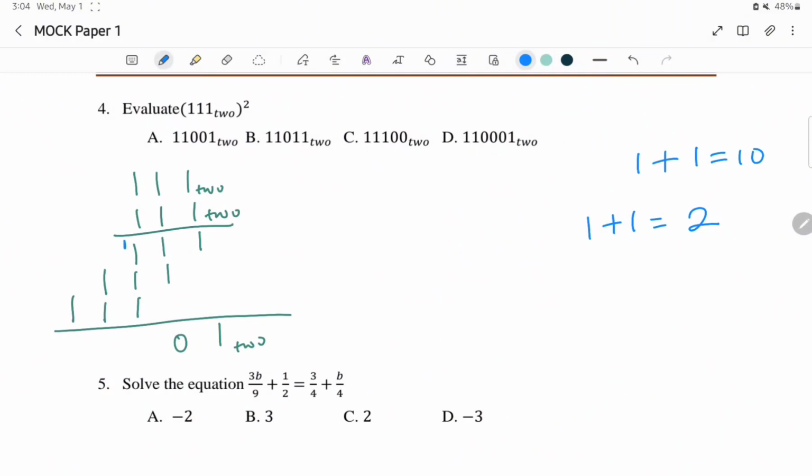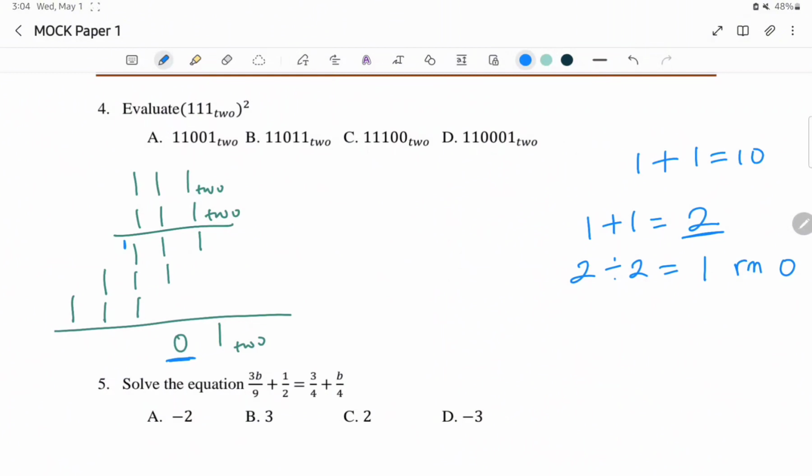So you're now going to say your answer, which is 2 here, divided by the number base you are working with, which is base 2, equals what? We actually need the remainder. So 2 divided by 2 is 1, remainder 0.